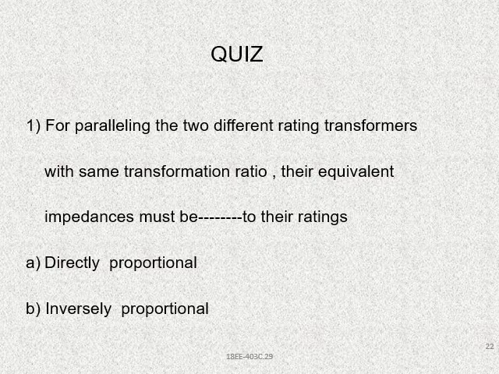I think this was discussed in the last PPT, number 28, so I think you can guess the answer. Take a couple of minutes and post your answers in the comment box.